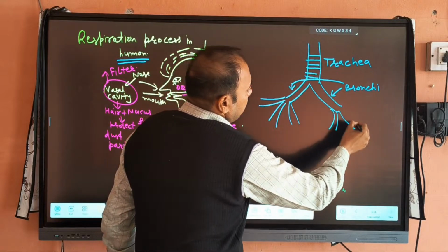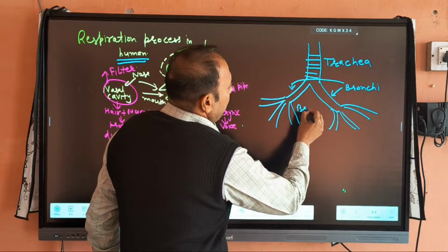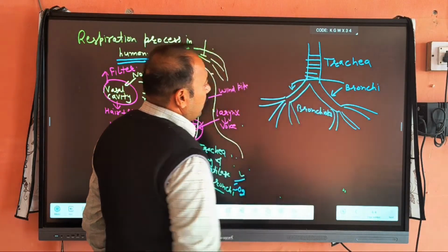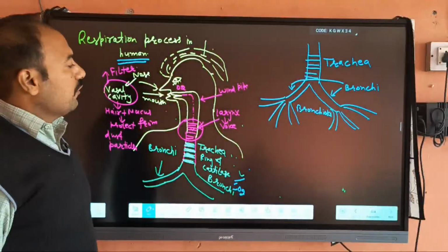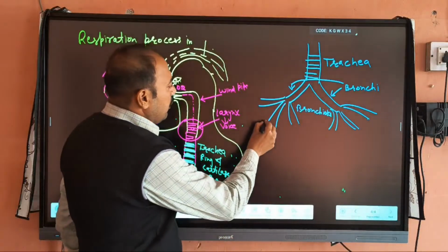These are known as the bronchioles. Okay, and these bronchioles further extend into balloon-like structures. That balloon-like structure is known as the alveoli.